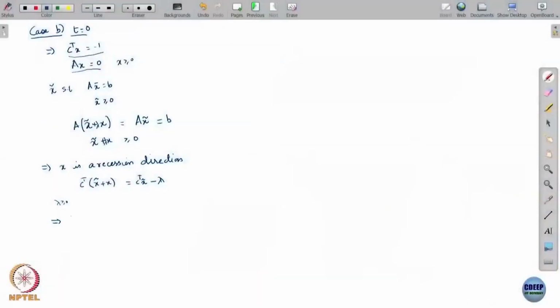So the optimal value of the primal is minus infinity, which is a contradiction, since we assume that the primal must have a finite optimal value, which means case B is also not possible. So, what have we got so far?